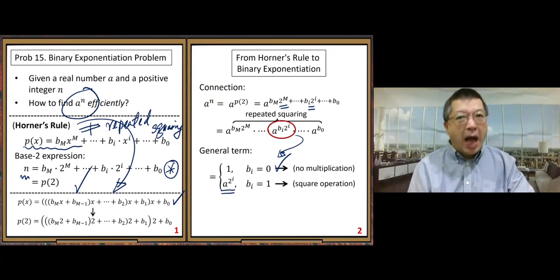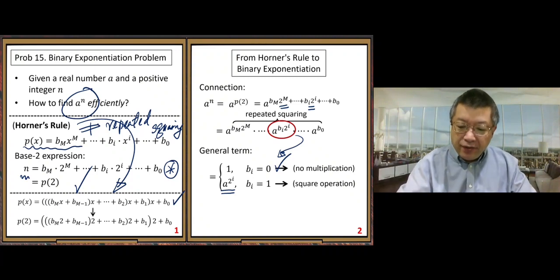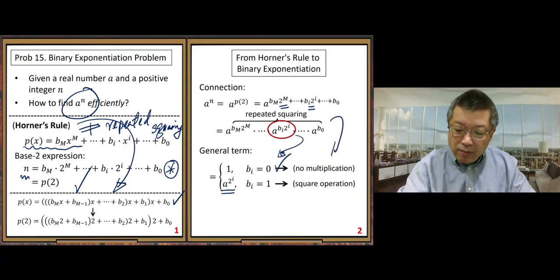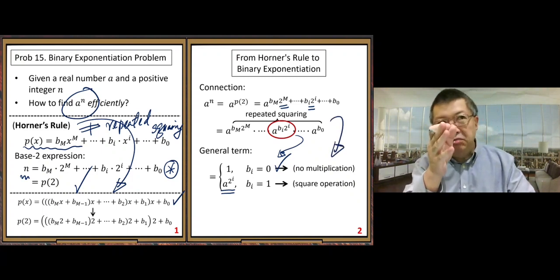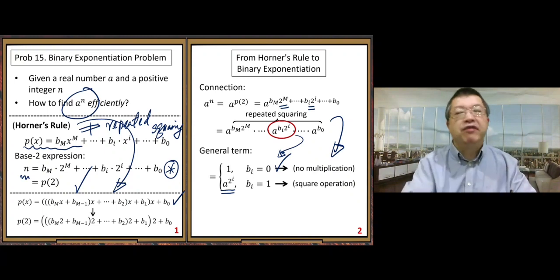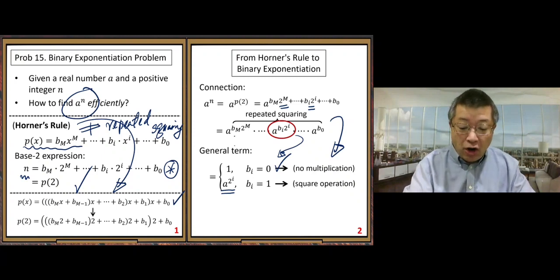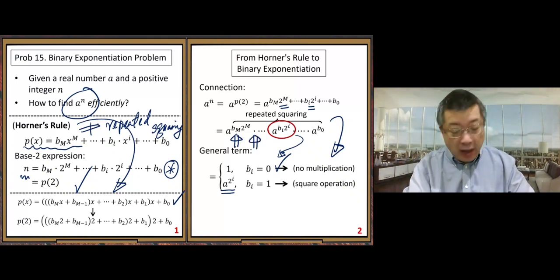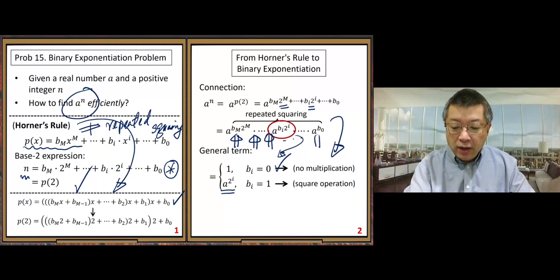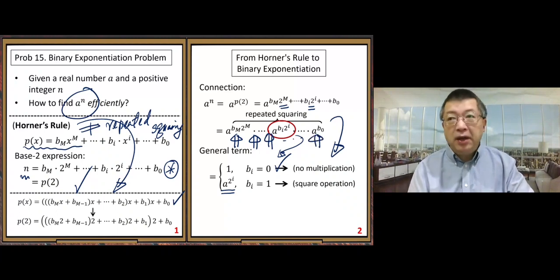Now the question is, this repeated squaring based calculation is still not the most efficient way. Why? Because for each term, you need to do repeated squaring, term by term, independently.